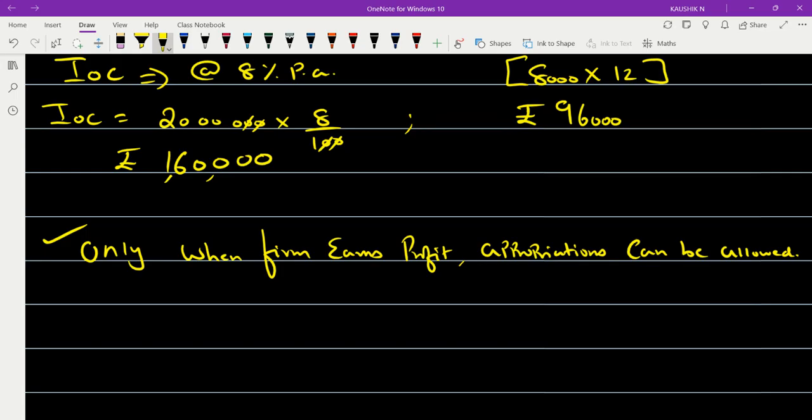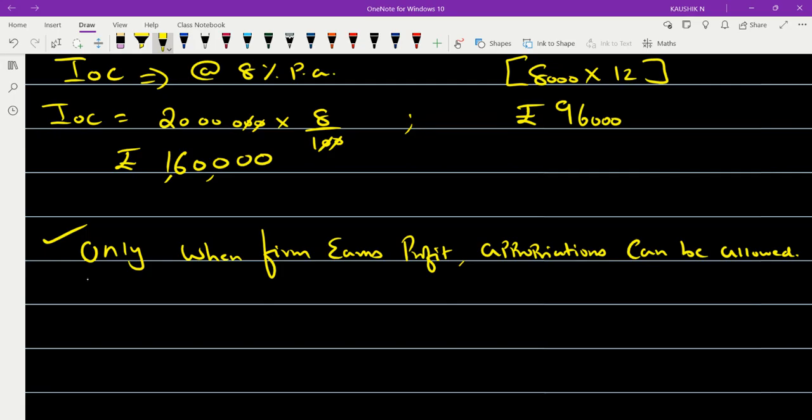That is the reason in the previous case, there was no profit, it was a loss. We didn't allow the appropriations except the interest on drawings. Here we don't have interest on drawings. We have interest on capital and salary. But here profit is there.